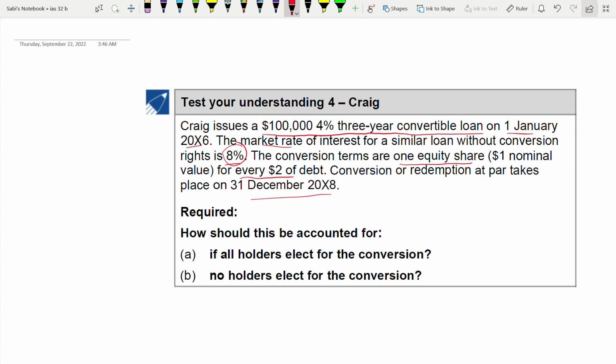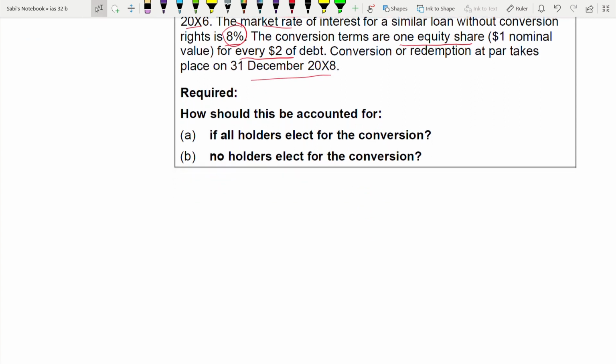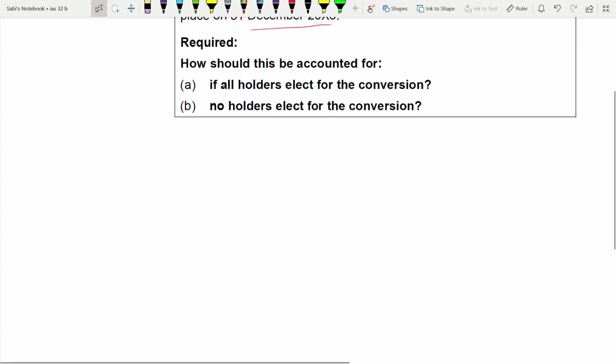This is similar to the previous question. So quickly we can do this. I think in 2 minutes we can finish this, right? Especially part A, with the conversion. So I told you the 3 steps. Those 3 steps we need to follow. Quickly we'll do that. Split the proceeds into financial and equity. First, starting with financial, right?